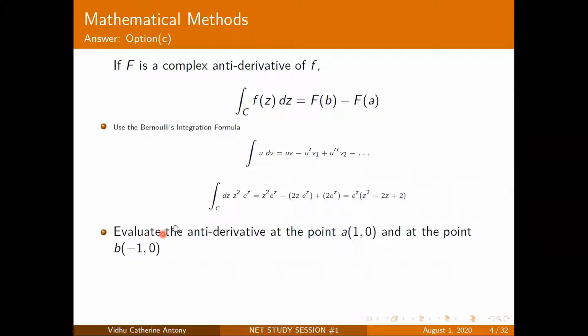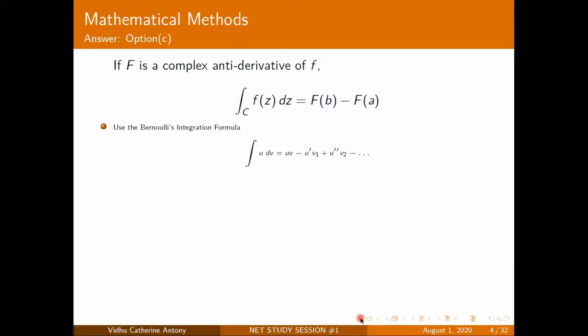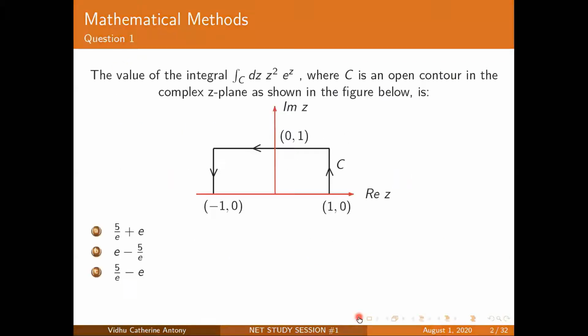Now what you have to do is, this is your antiderivative or your integral. So you evaluate this antiderivative at this point A and the point B, and then you subtract both of them. Now you have to be careful about this. If you look back at your figure, you basically have just your real parts. You do not have imaginary parts.